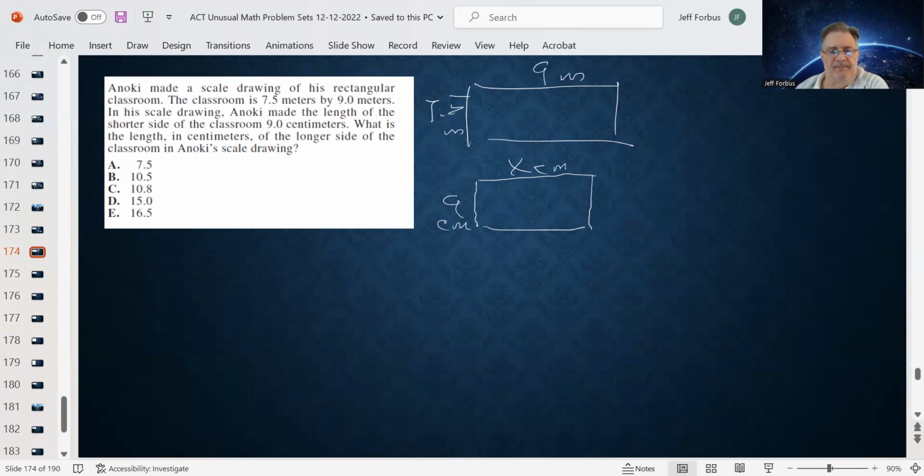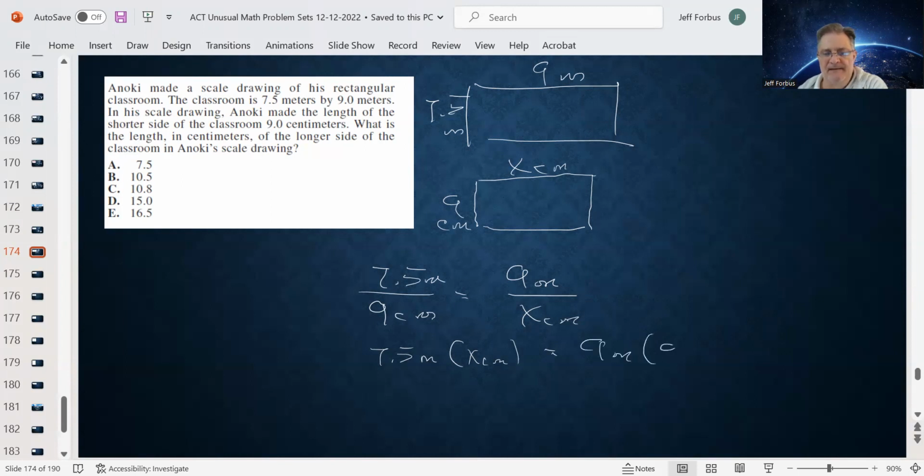So we can say 7.5 meters related to the 9 centimeters is equal to 9 meters over X centimeters. We can then cross multiply and divide because this is a proportion. So you get 7.5 meters times X centimeters is equal to 9 meters times 9 centimeters.